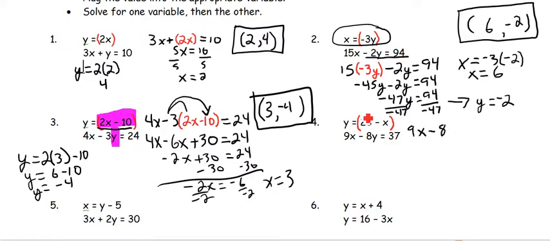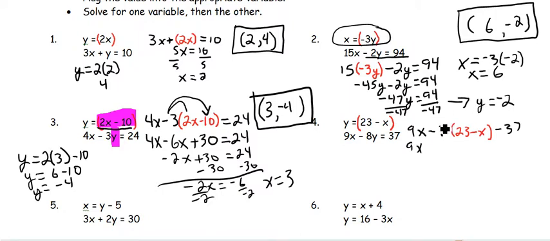And then I'm going to take that whole, everything in parentheses, right there, 23 minus x, and it will equal 37.